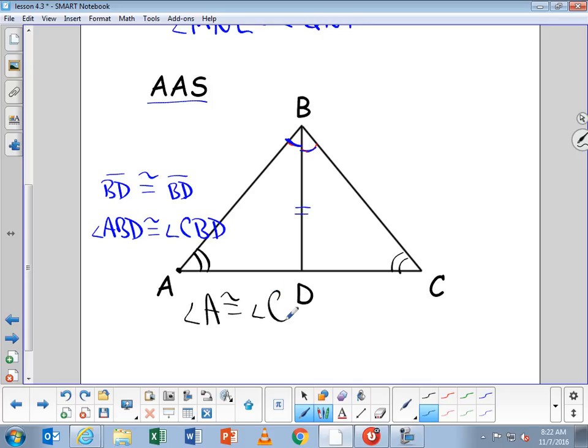I feel like some of you are confused as to why I had to use three letters here, and I only need one there. If we look at point A, hopefully you agree this is the only angle at point A. If we look at point C, this is the only angle at point C. But at point B, we have this angle, this angle, and this angle.